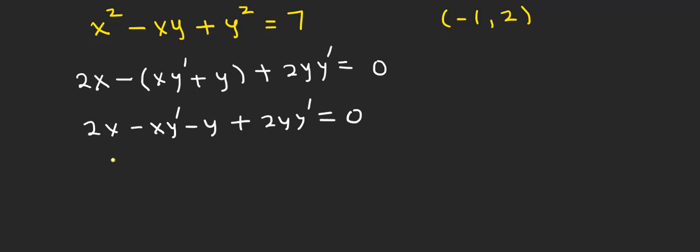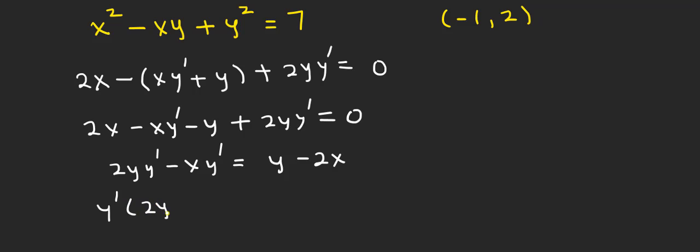So you end up getting 2y y prime minus x y prime equals y minus 2x. So factor out the y prime, you get the quantity 2y minus x equals y minus 2x.